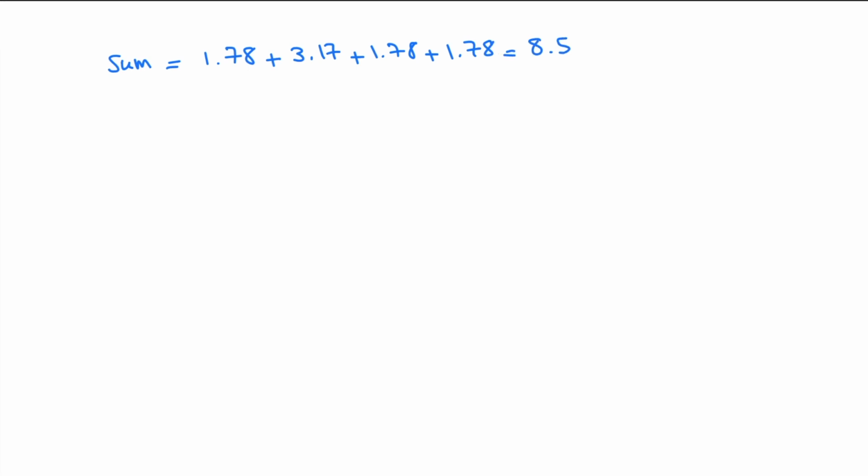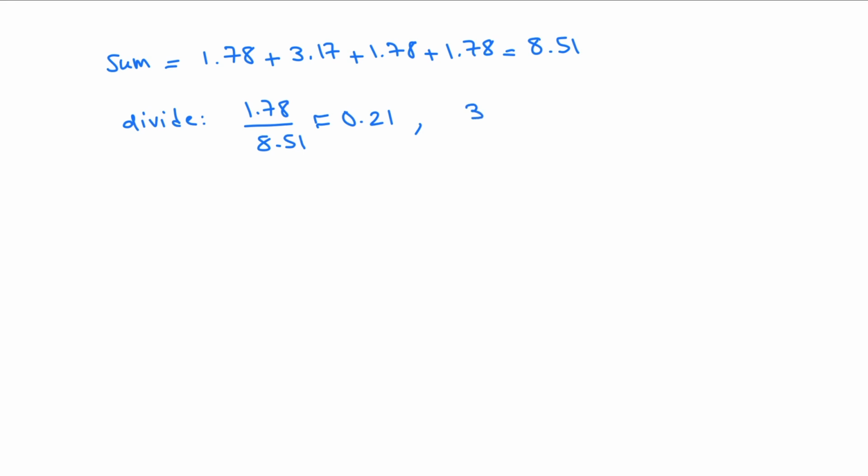So we have what we have in the denominator of that softmax function, and now we have to do the division, right? So that's 1.78 divided by this 8.51, which gives us, roughly speaking, 0.21, and then we have 3.17 divided by 8.51, which gives us 0.37.